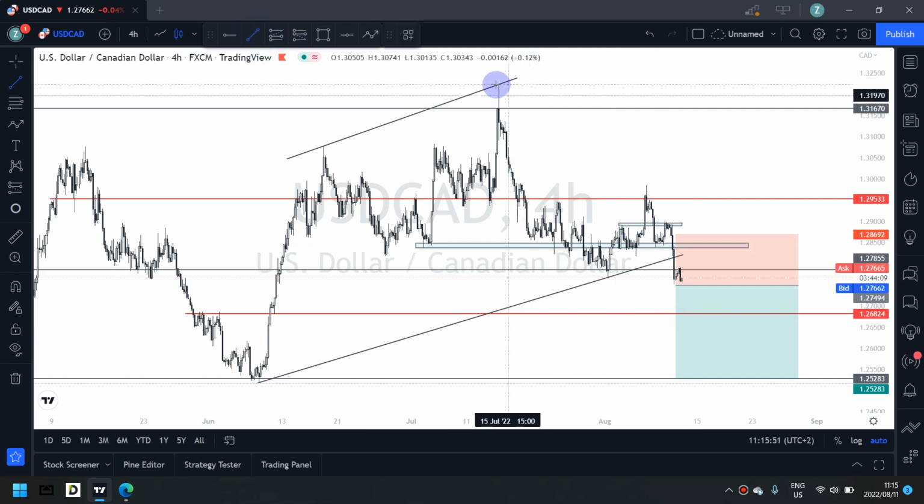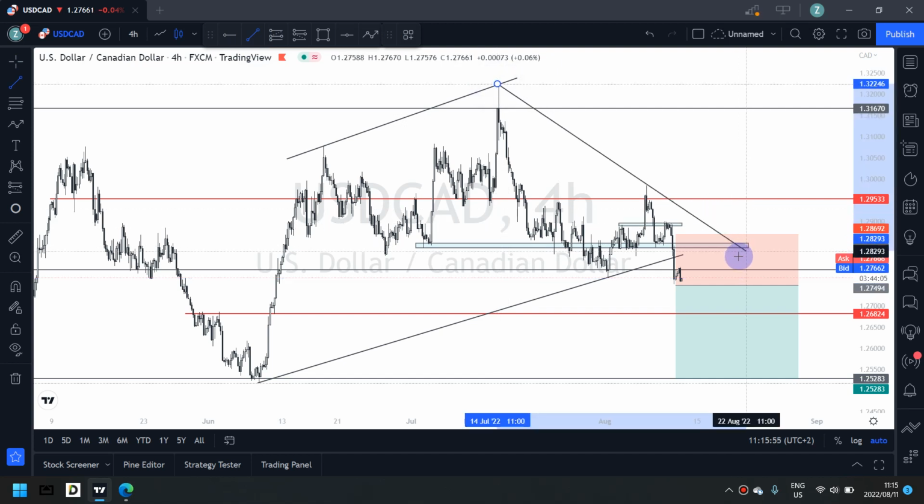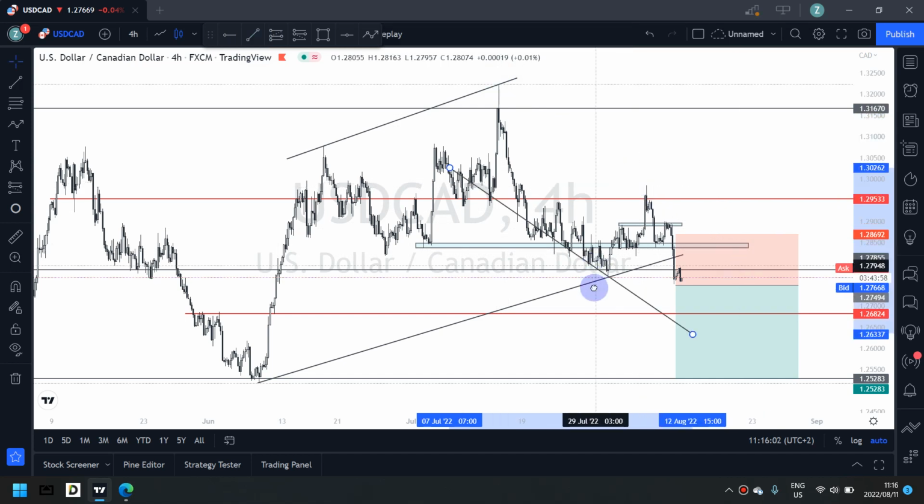And another thing I might want to add is this counter trend line here.